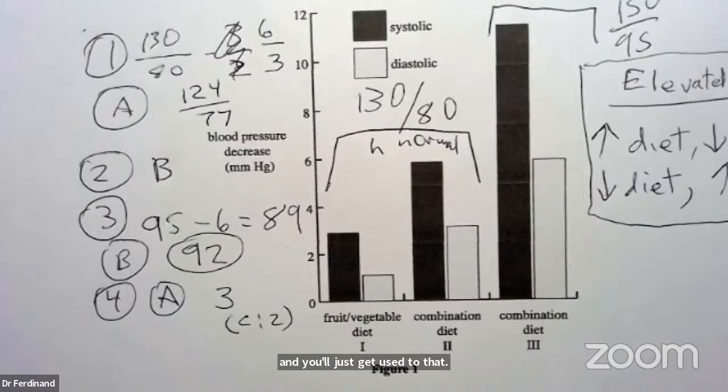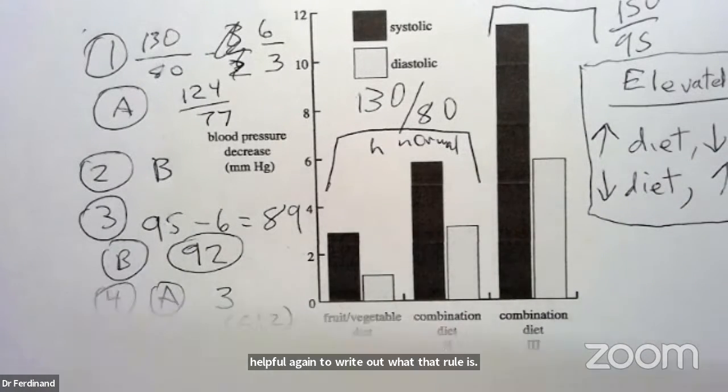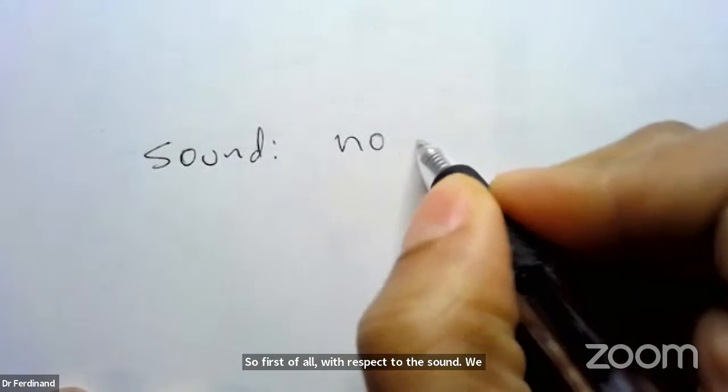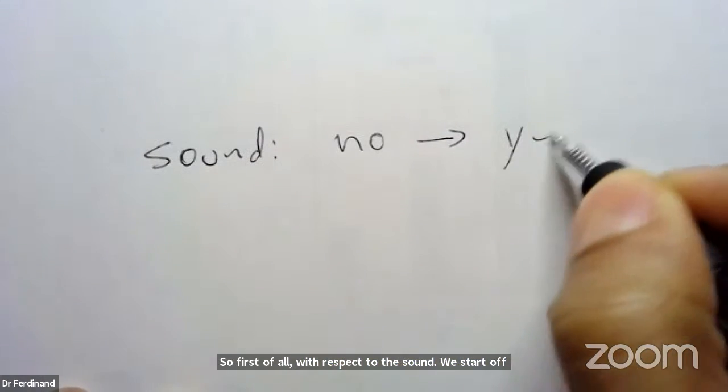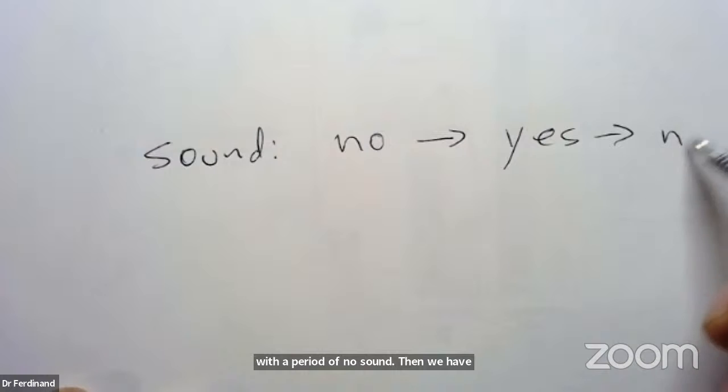So now 5, we're providing that additional information, and we have a new rule. And sometimes it's helpful again to write out what that rule is. So first of all, with respect to the sound, we start off with a period of no sound, then we have sound, and then again, there's no sound.